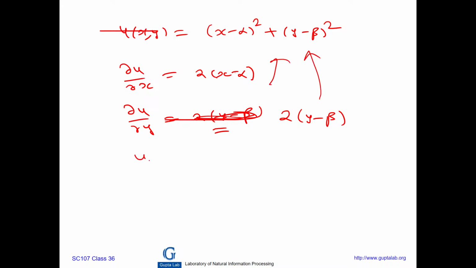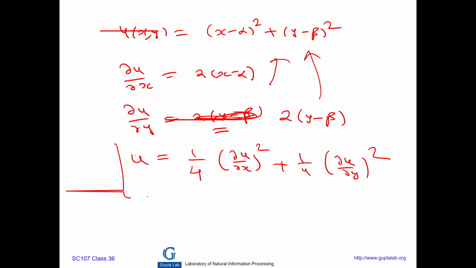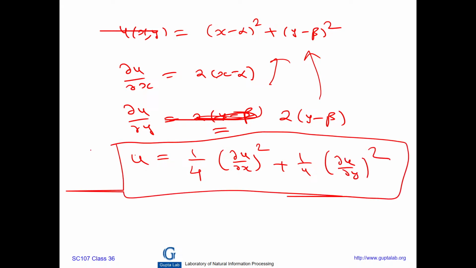We get u is equal to 1 by 4 (del u over del x) whole square plus 1 by 4 (del u over del y) whole square. This is a partial differential equation because it involves a function u, del u over del x, and del u over del y. This is a relationship between all these parameters, right? So this is the partial differential equation.